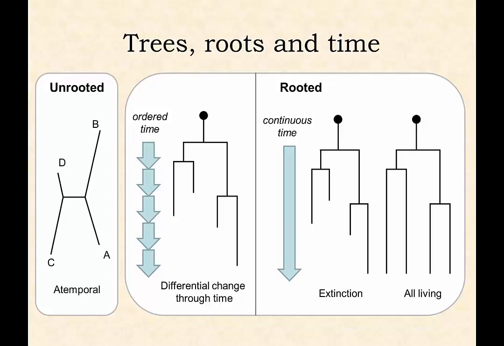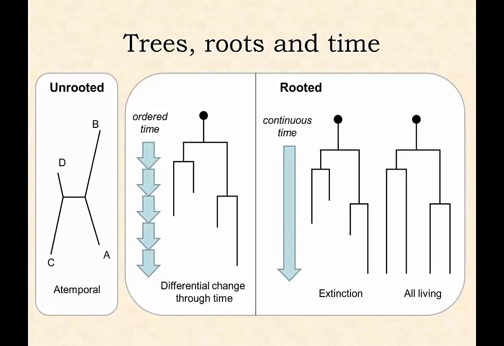If you do some DNA analysis on a whole load of taxa, you measure how different each species is from each other, and then you use that information to build the tree. When you do that from DNA, you don't have any time. All you have initially is how different the species are from each other.